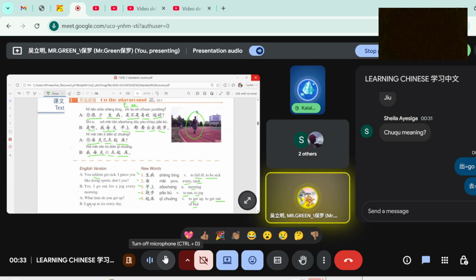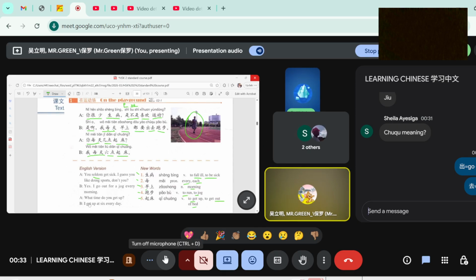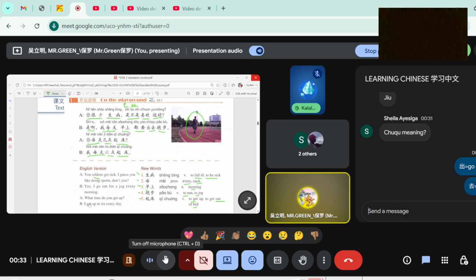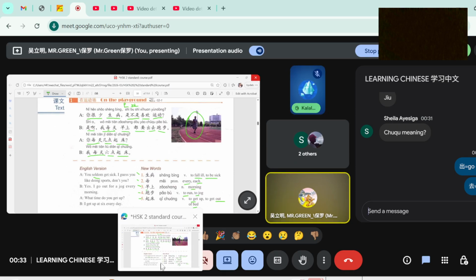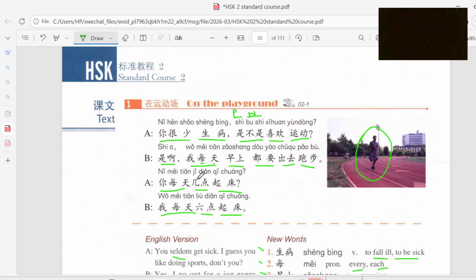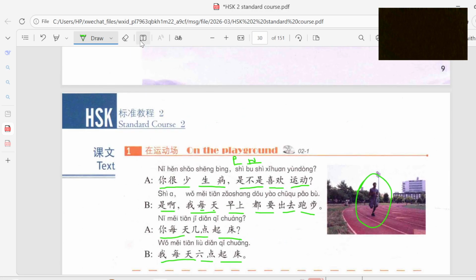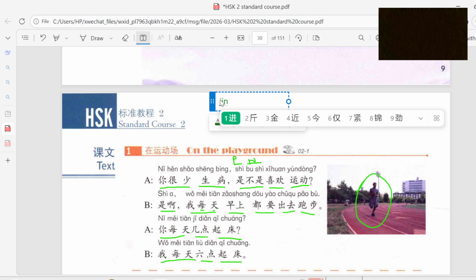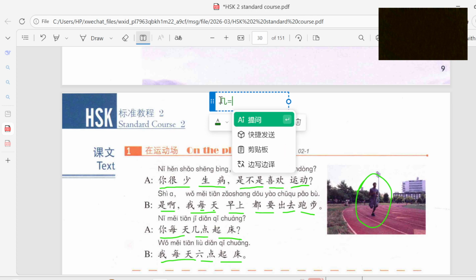All right, I got your question. Let me try to make it clear once more. So 几, last time we learned the first 几 in HSK1, and we saw it asking for age, but for people under 10 years, young children.